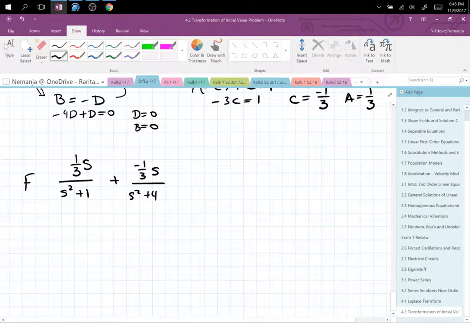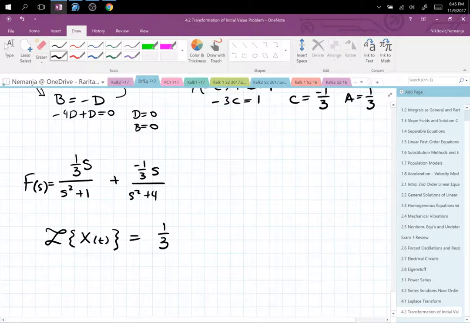So this is our F of s, right? And now I'm going to write this F of s as the Laplace transform of my x of t is equal to, and then kick these coefficients, constants in front.